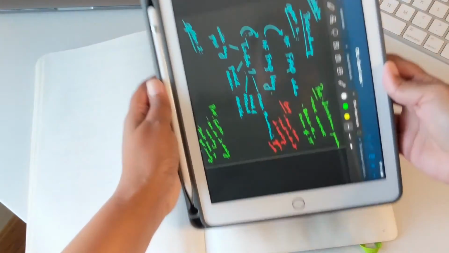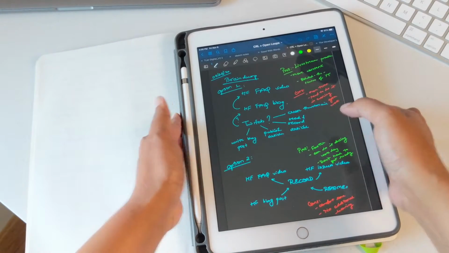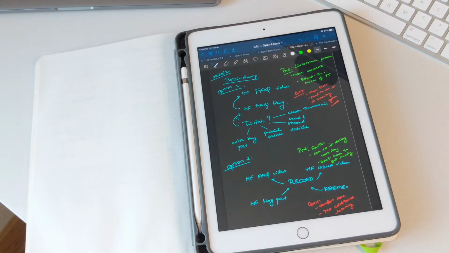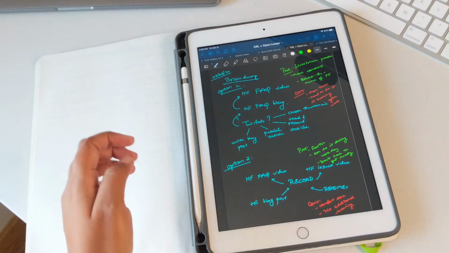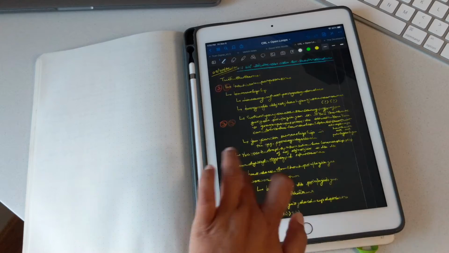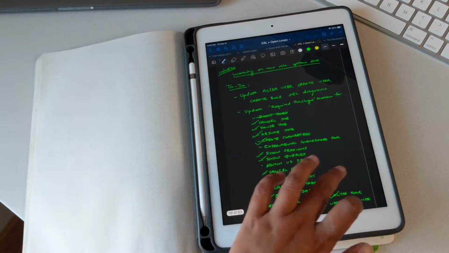This is when the pandemic hit, so I left the notebook at the office and I couldn't pick it up because we went into lockdown, which is why I moved over to my iPad, because I thought digital note taking was a good quarantine skill to pick up. I wanted to try that out. I really like the more colorful aspect of things.